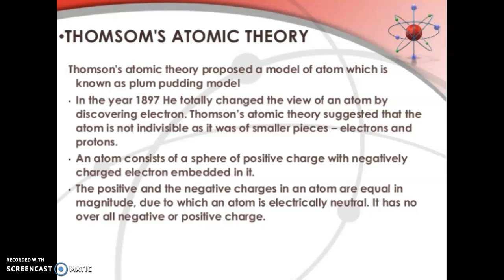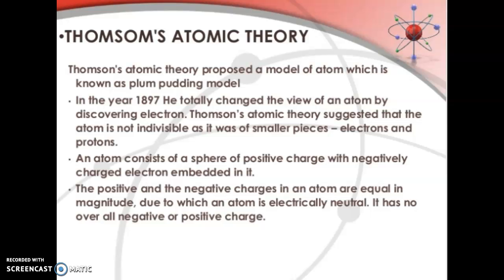Thomson's atomic theory came. According to Thomson's atomic theory, he proposed a model of the atom. In his theory, he explained that the atom is no more indivisible. There are smaller particles inside it.